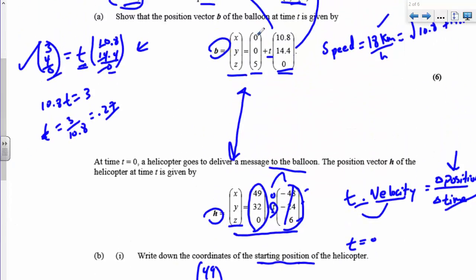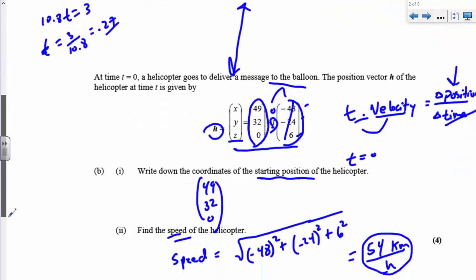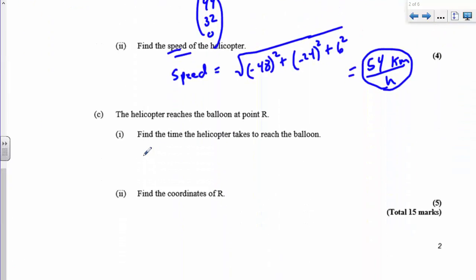Let's try this. We're going to go with this one here, 0, 0, 5, plus t times this. I'm going to write that first. All right, so 0, 0, 5 plus t times 10.8, 14.4, and 0.